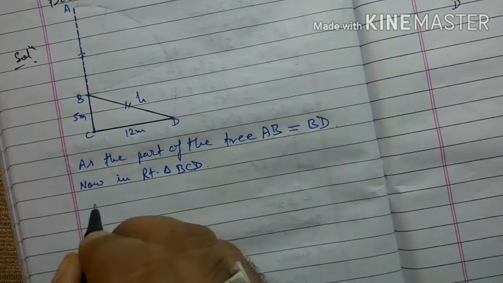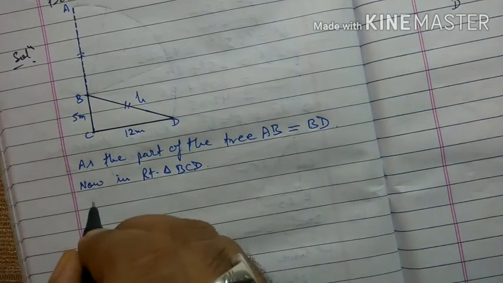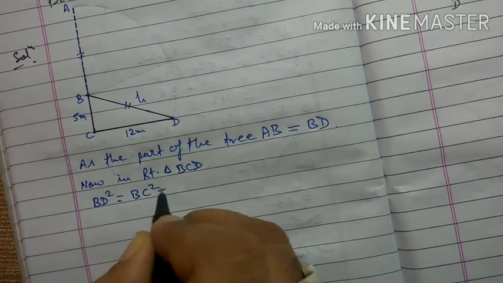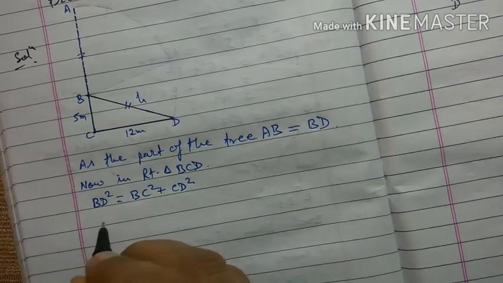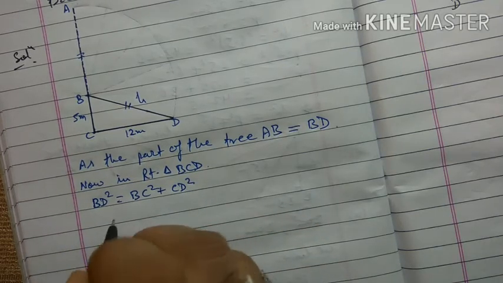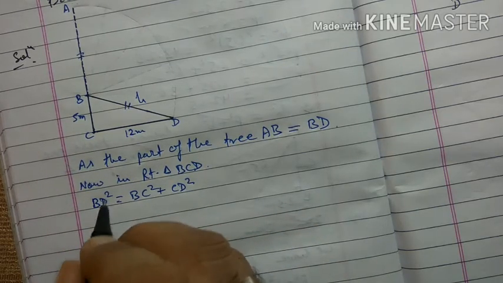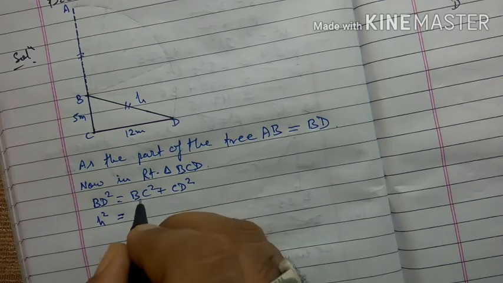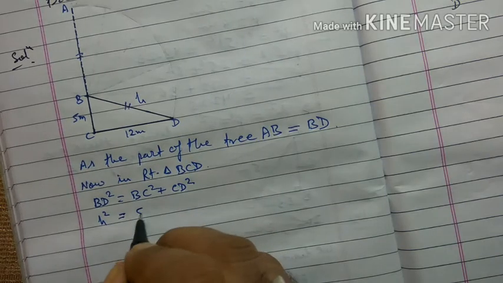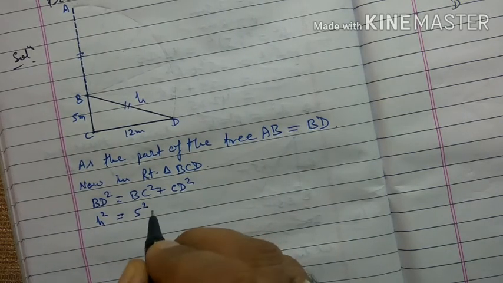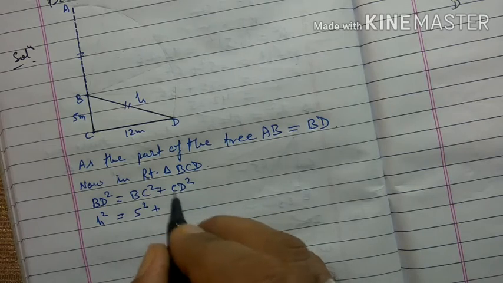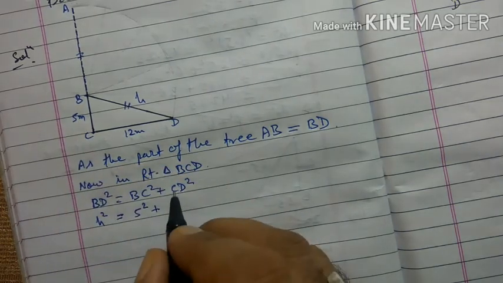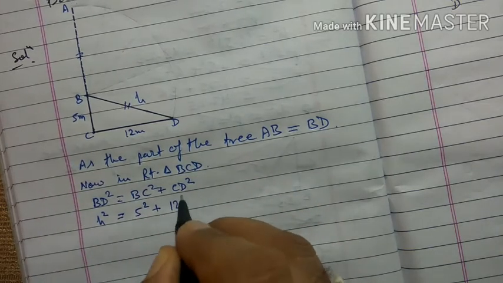Okay, so H square, or we can say BD square, is equal to BC square plus CD square. Right, now on putting the values, BD is H, so H square is equal to BC square, which is 5 meter square, plus CD is 12 meter, so 12 meter square.